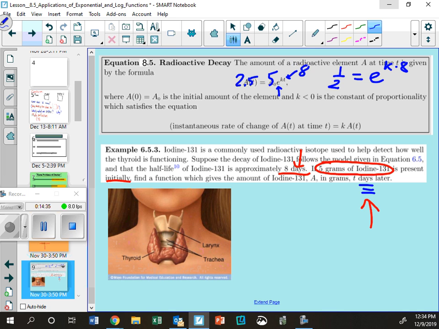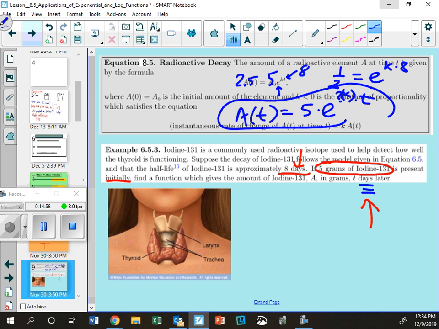All right, so once you got K solved, then you've got an equation. A of T is equal to 5 grams times E to the whatever you just figured out K was, times T. Now this equation is handy because you can tell it either how much you want to put in as a starting amount, and it'll tell you how much would be left.